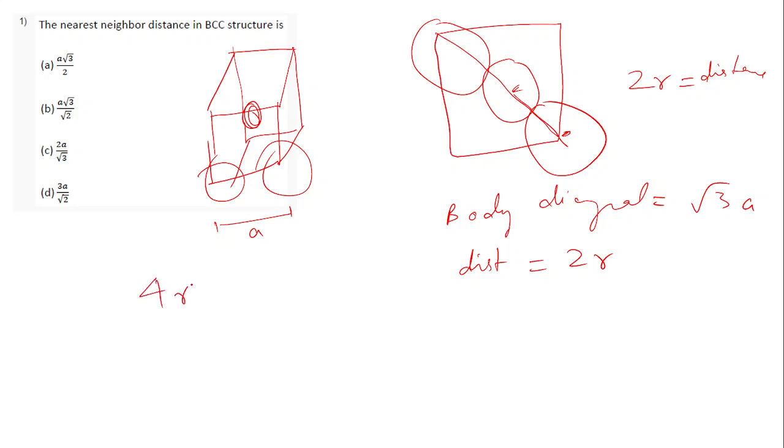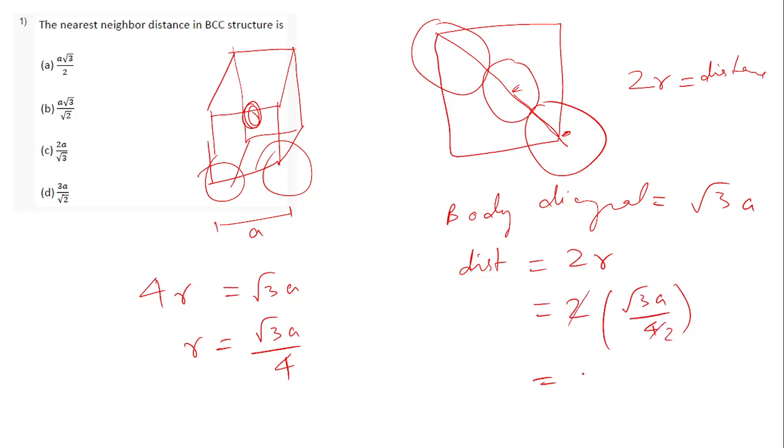We have been doing it many times. For BCC, 4r is equal to root 3 A. That means r is equal to root 3 A divided by 4. So 2 times root 3 A divided by 4 will be root 3 A by 2, the distance between the nearest neighbors in BCC.